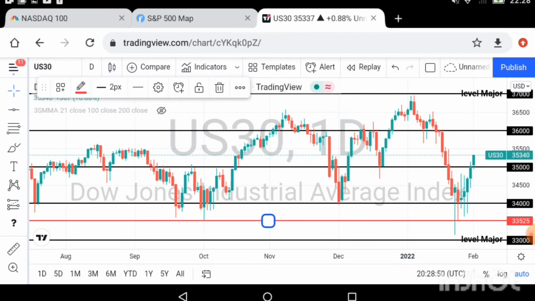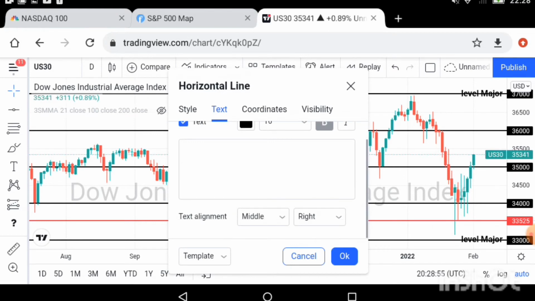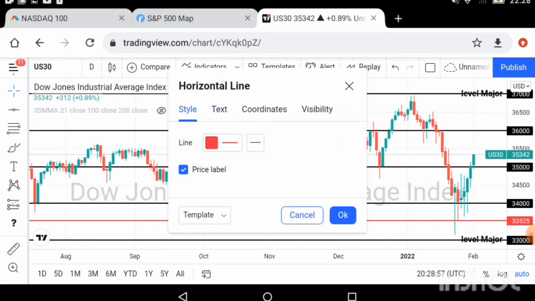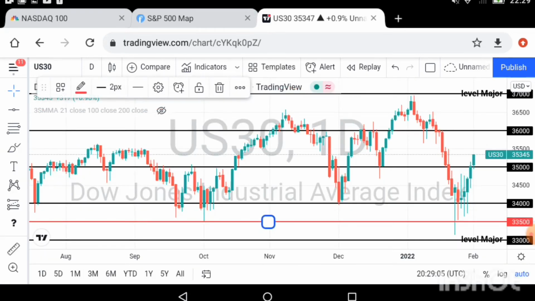Let me make sure it's correct. It's 33,500, right? These are your half levels. We still call them natural levels, like I was saying from the beginning.